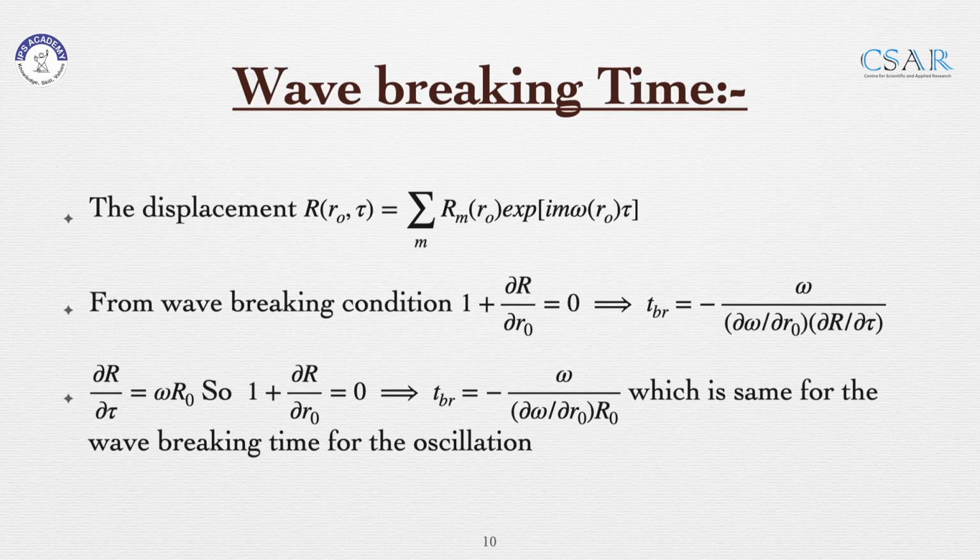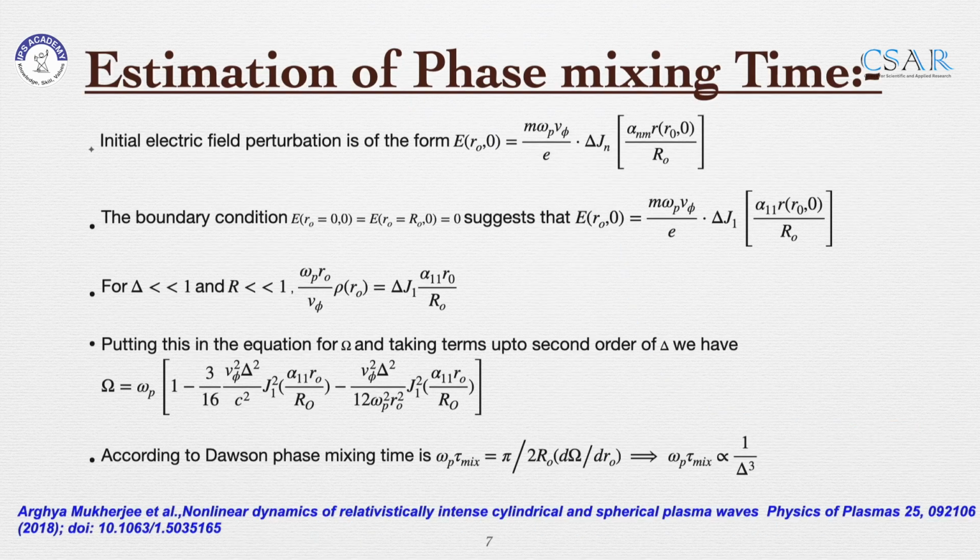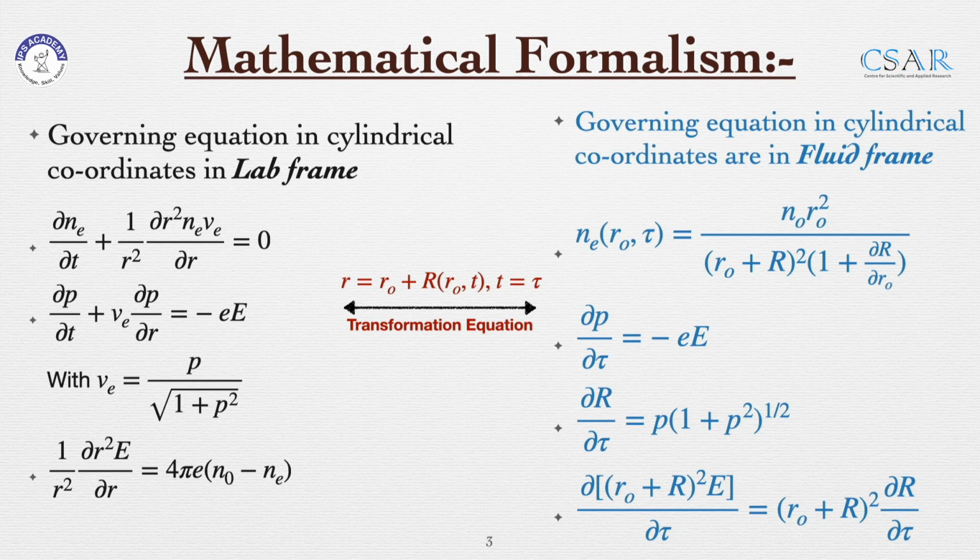Then we calculated the wave breaking time for the same. To calculate the wave breaking time, we take a condition: at the point of wave breaking, the density goes to infinity. As you can see here, if 1 plus del r by del r naught goes to 0, then the density will go to infinity.